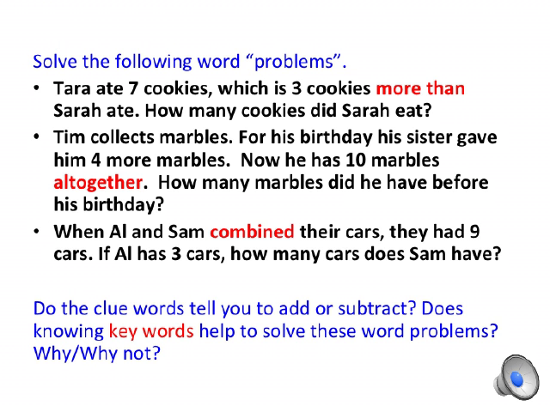For his birthday, his sister gave him 4 more marbles. Now Tim has 10 marbles altogether. How many marbles did he have before his birthday? Problem 3. When Al and Sam combined their cars, they had 9 cars. If Al has 3 cars, how many cars does Sam have?